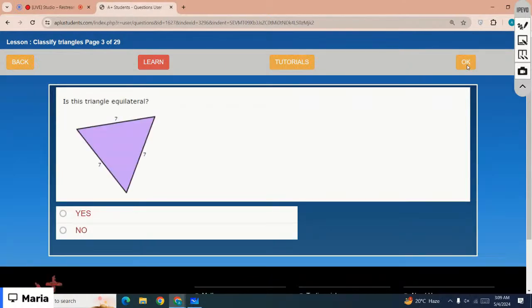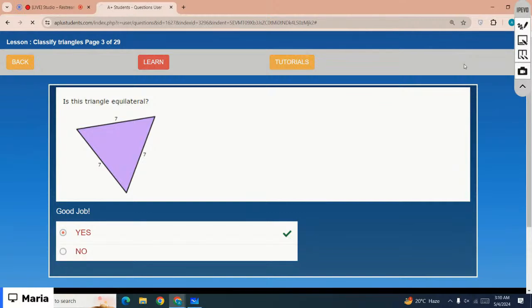Okay, is the triangle equilateral? Yes, that is an equilateral triangle because all the side lengths are exactly equal in measurement. So yes, that is an equilateral triangle.